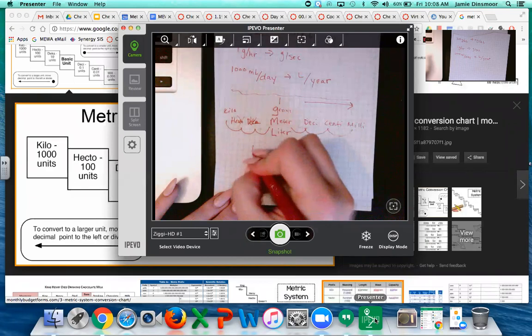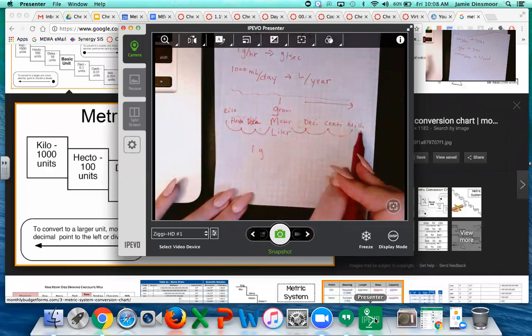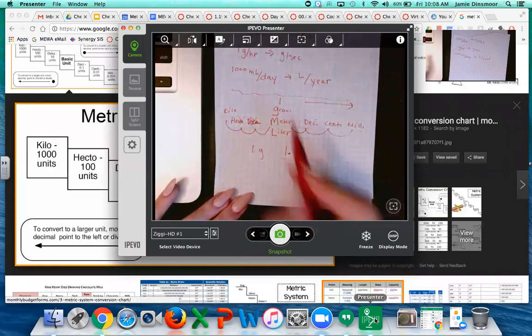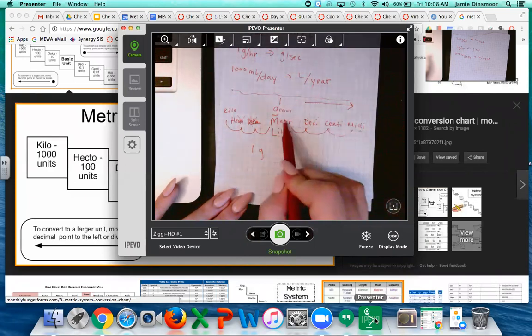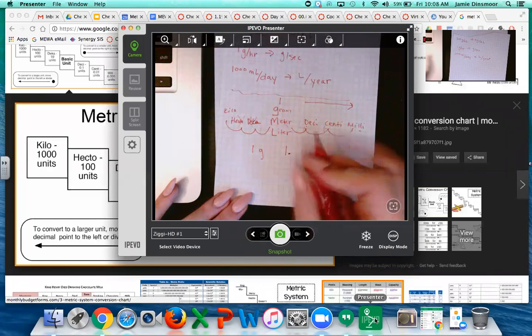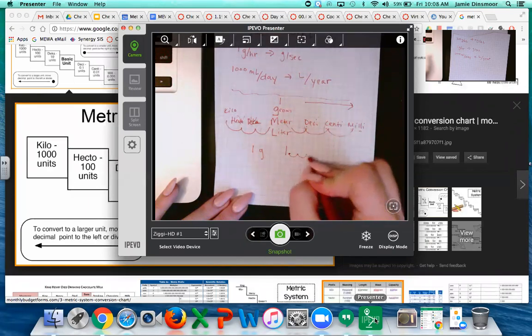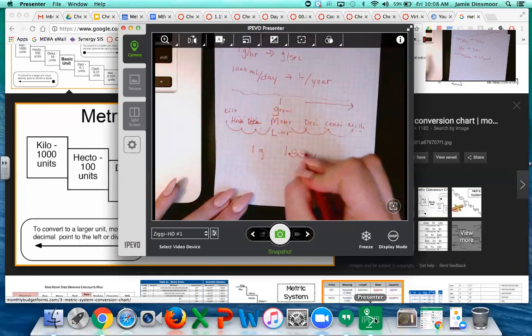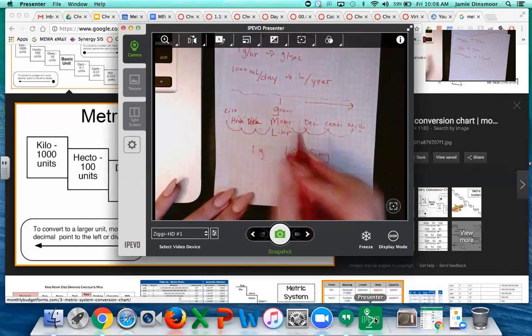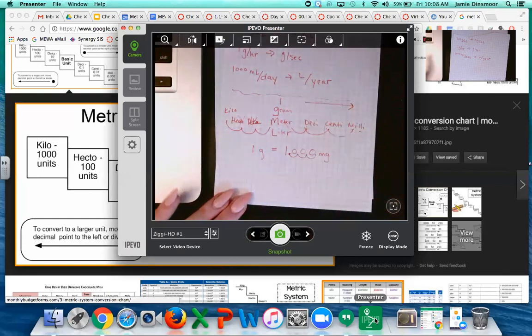So 1 gram, if we want to make it into milligrams, we're going to put a decimal after our number. And to get to milli, we have to move 1, 2, 3 places to the right. 1, 2, 3. We add in some zeros. And that tells us that 1 gram is equal to 1,000 milligrams.